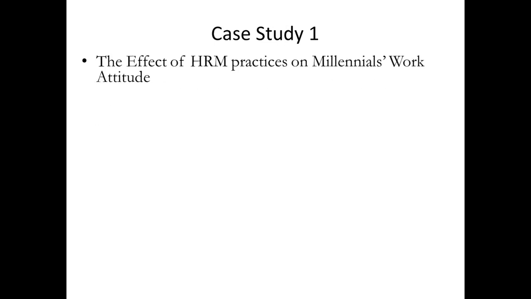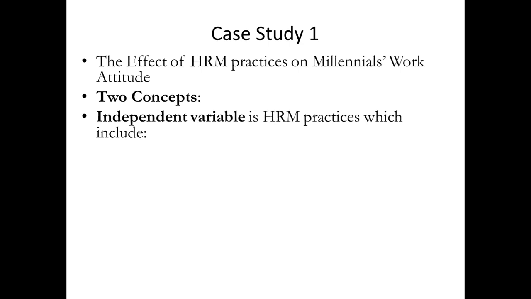Let me give an example. For instance, somebody is looking at the effect of HRM management practices on millennial work attitude. There are two concepts here: the HRM management practices and work attitude. Now, the first thing you need to think about is how do you measure HRM management practices and how do you measure work attitude, right? So the two concepts: you have an independent variable called HRM management practices, and HRM management practices by literature are many.